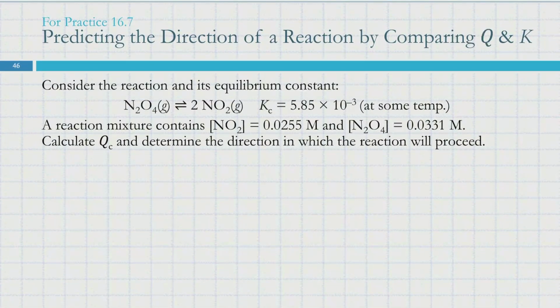All right, so let's consider this reaction and its equilibrium constant. We have a reaction mixture that contains some concentrations of both things. Let's calculate a QC. Remember, a QC equation is the same as our K equation, our equilibrium constant equation.